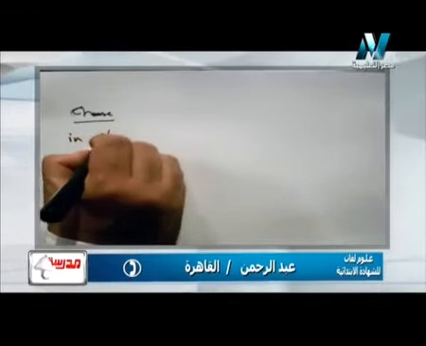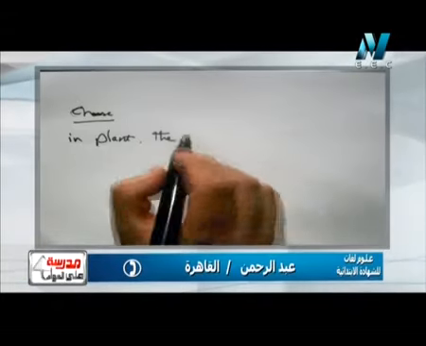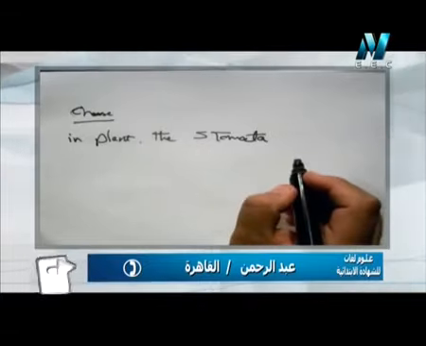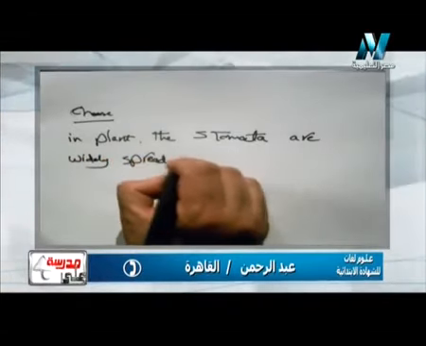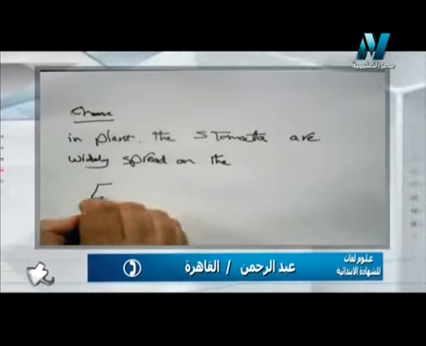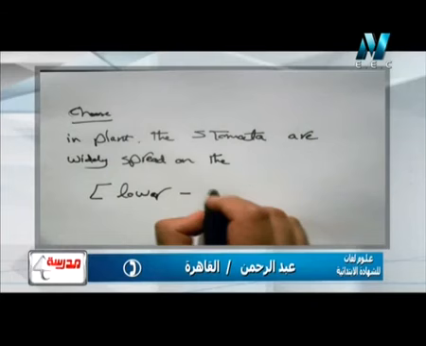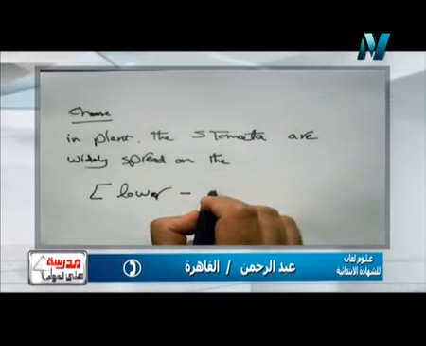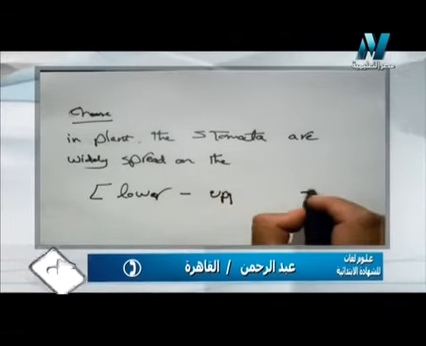Question: choose the correct answer. Okay, Abdurrahman, choose the correct answer. Stomata are widely spread on the lower surface of the leaf, upper surface of the leaf, xylem tissue, the root.